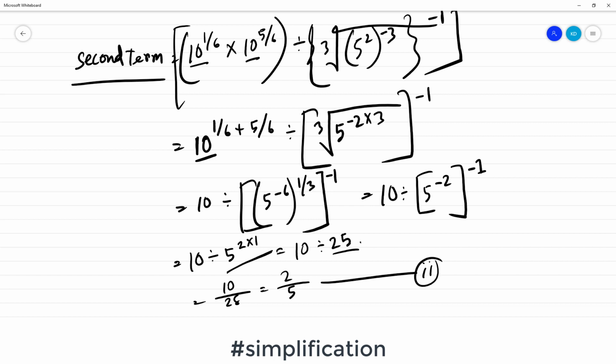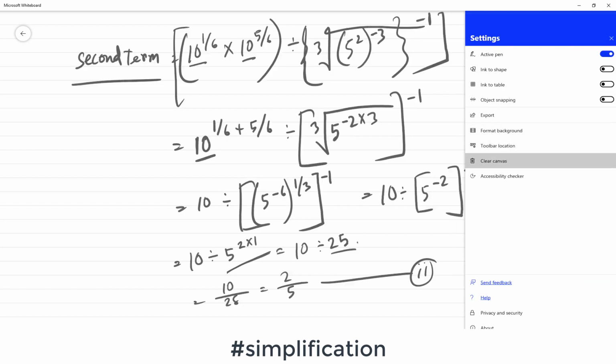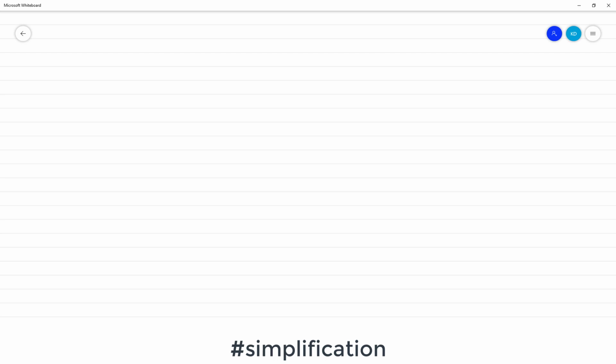So now we have this third term also, and this is the second term, and we need the third term. To solve the third term, 5 to the power 5 by 3 divided by 5 to the power 2 by 3 into 5 to the power minus 1.